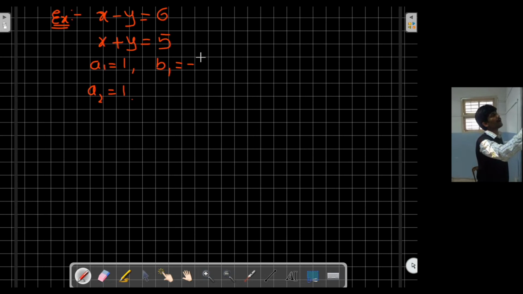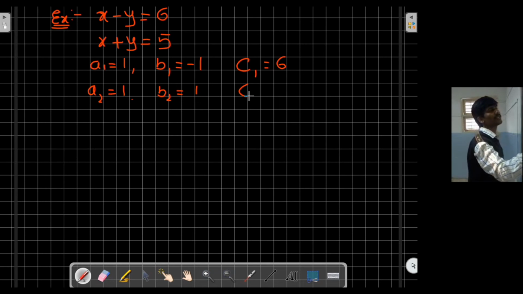B1 is equal to minus 1. B2 is equal to 1. C1 is equal to 6. C2 is equal to 5. According to the table, C1 is equal to 6 minus. Standard form means this is minus, this is also minus.